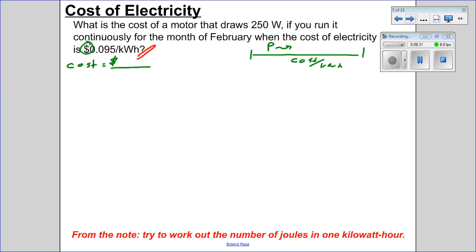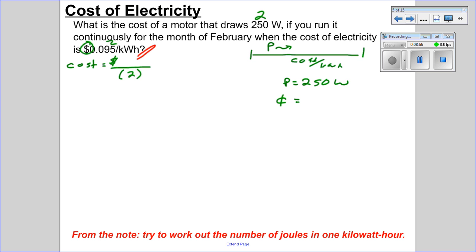Now, what do we have for given information? We have power equals 250 watts, which is 2 sig digs, by the way, so that should be a 2. Power, and we have the cost. Let's do it like this. The cost per unit. I'm going to use the cent symbol because we don't use it for anything else.